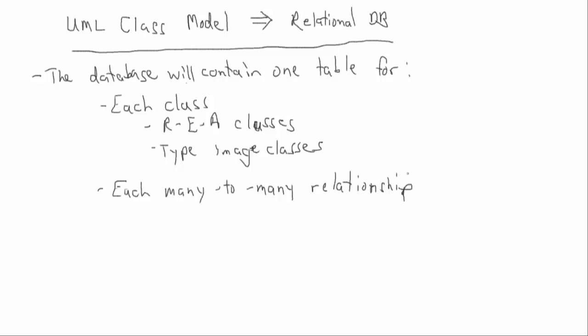And remember, when we consider the nature of the multiplicity, the one-to-many, the one-to-one, or the many-to-many are defined based on the max number on each side of that association. So each many-to-many relationship will have a table, and that will be a linking table.